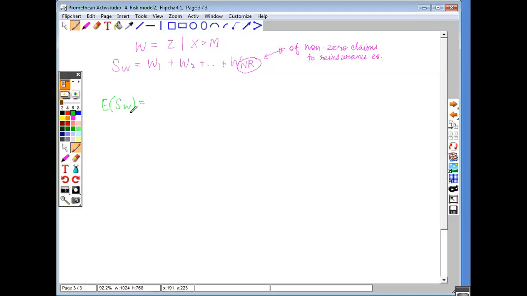Previously, what did we have? We had S equals X1 plus X2 up until Xn. And what we did was we wrote that the expectation of S is equal to the expectation of X, which was the severity of the claims, times the average frequency of the claims, which is the expectation of n. So how can I use that to write my expectation of SW now?